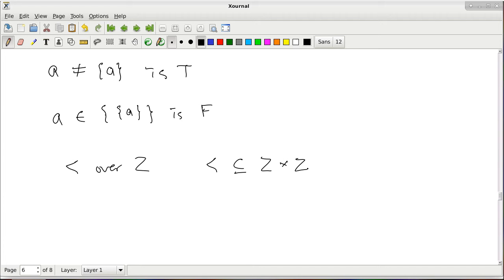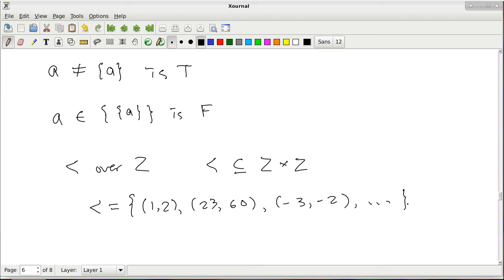That's all. If I really want to spell this out, it's going to look really boring, because (1, 2) is in here, (23, 60) is in here, (-3, -2) is in here, and so on. There's an infinite number of elements in this particular relation, but that's the general idea.